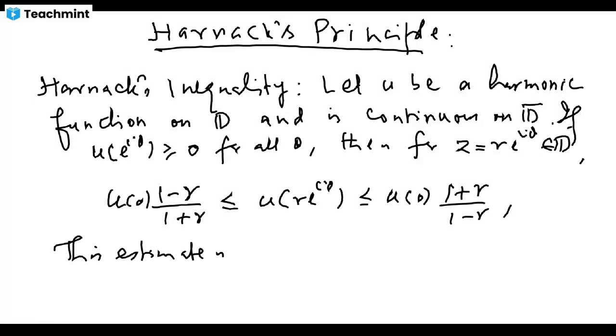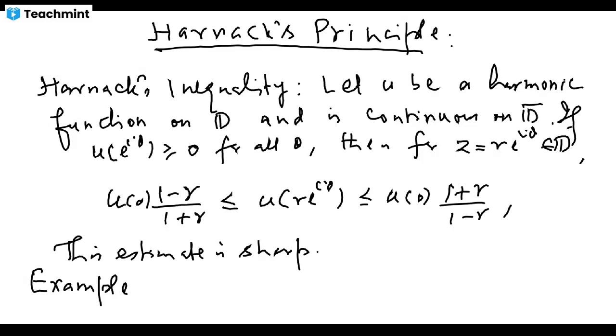That means this equality can be attained for certain functions. The function for which this equality is attainable, I'm giving just as an example, you will have to verify it.